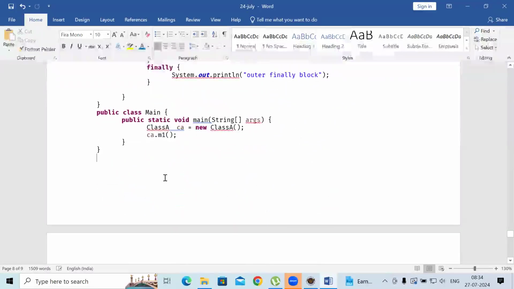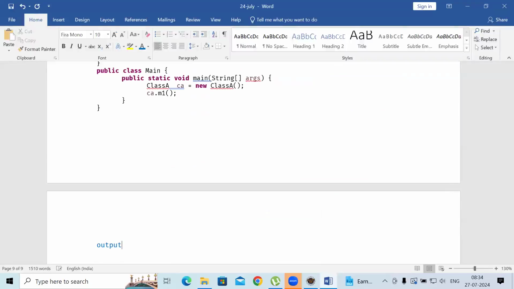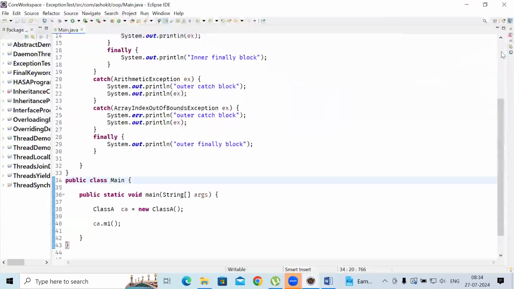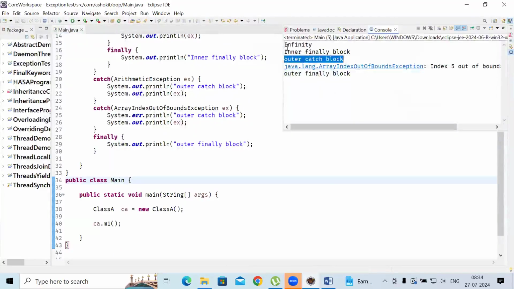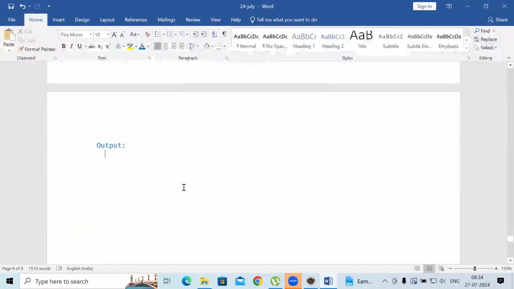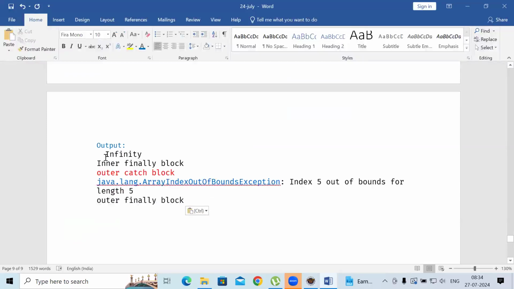Now, what's the output of this code? We got some output now. We will copy that output from the program console as well. So please go through this. You will come to know what output we got.